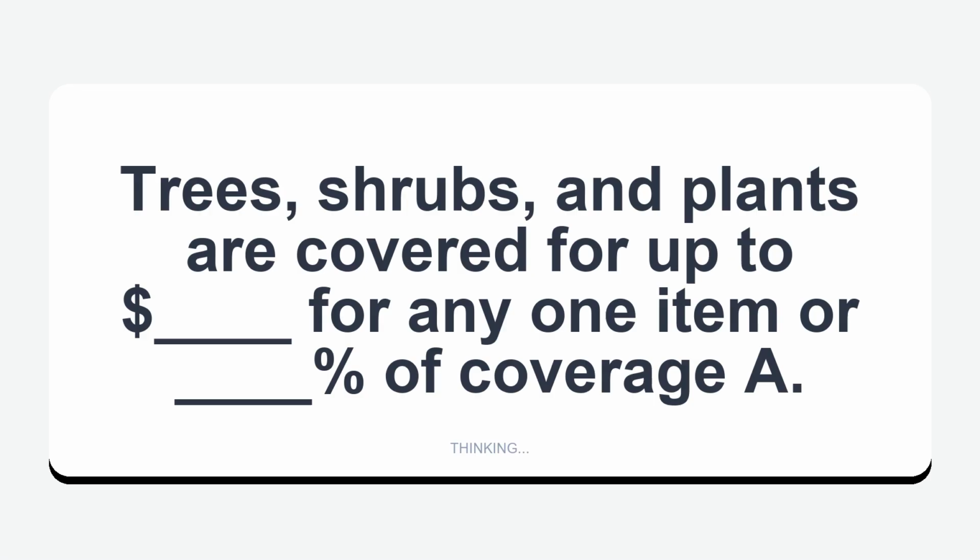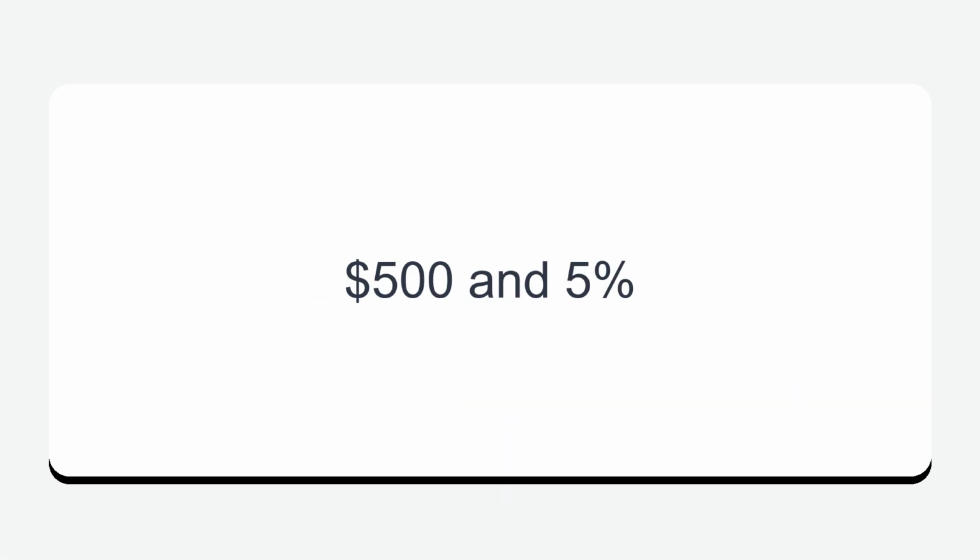Replacement cost basis. Trees, shrubs, and plants are covered for up to $blank for any one item or blank percent of coverage A. $500 and 5%.